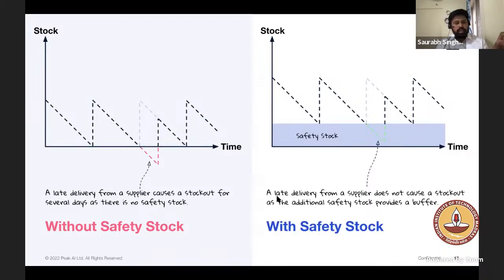So a late delivery from a supplier here does not cause a stockout, as the additional safety stock provides that buffer which can deal with that uncertainty. So this is the importance of safety stock in dealing with these uncertainties, which, I'm stressing again, are beyond the control of the organization making that product or good, right?